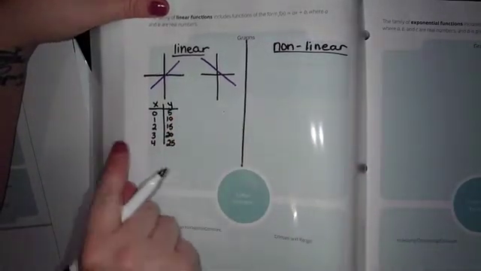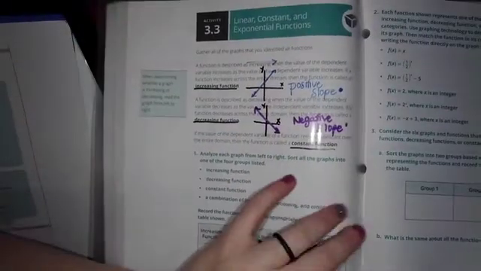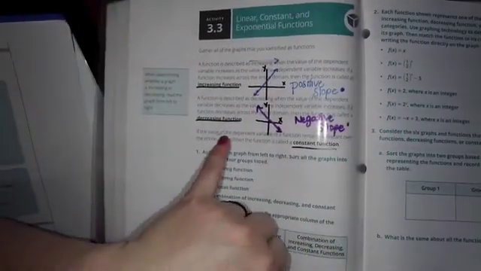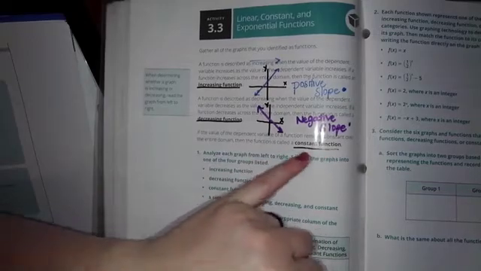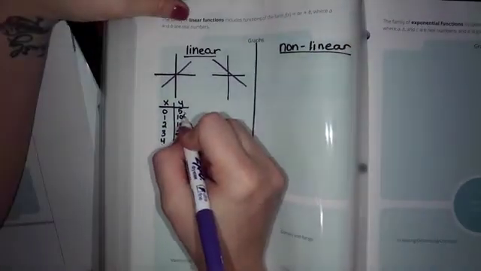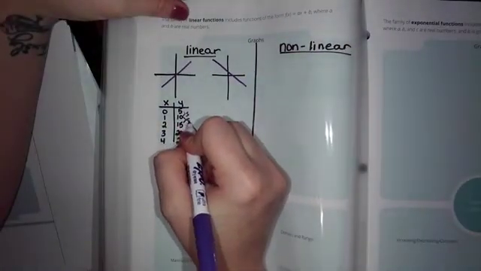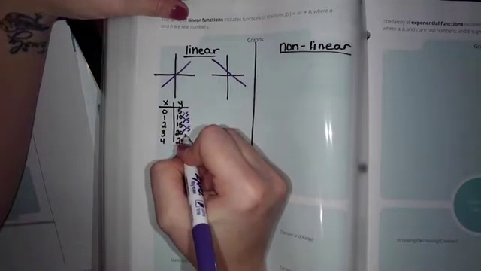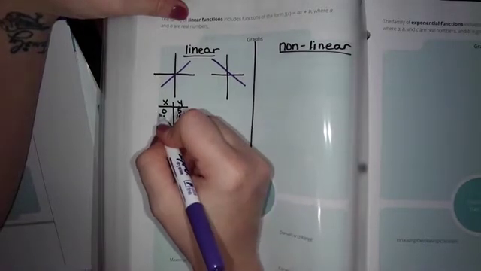It has to be here because of that definition right here, constant. If the value of the dependent variable remains constant over the entire domain. So notice this goes up by 5 each time. That's what makes it linear.